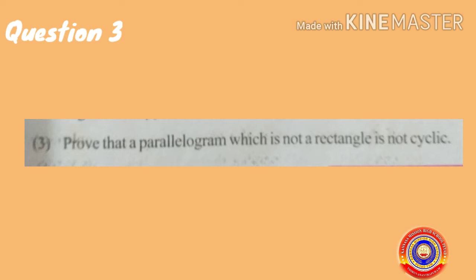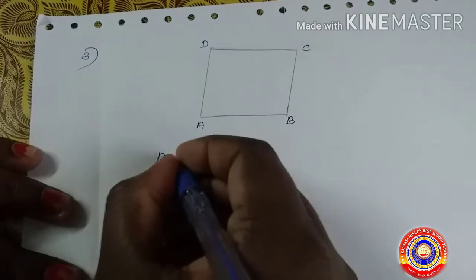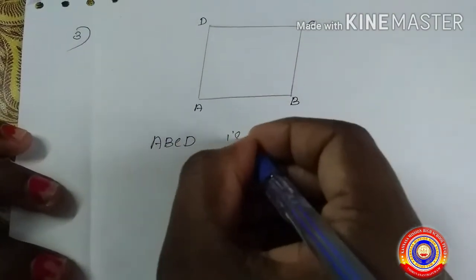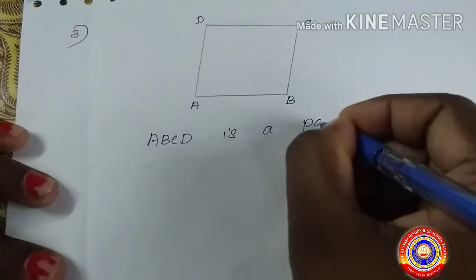Next, question number 3. Prove that a parallelogram which is not a rectangle is not cyclic. Here we have to prove that the non-rectangular parallelograms are not cyclic. In the given figure, ABCD is a parallelogram.